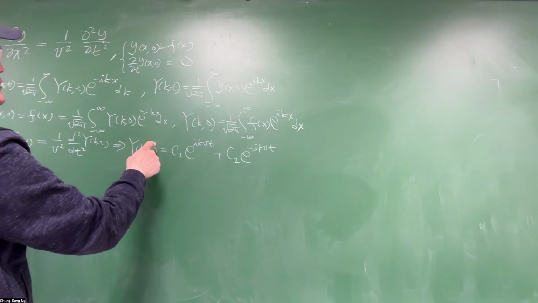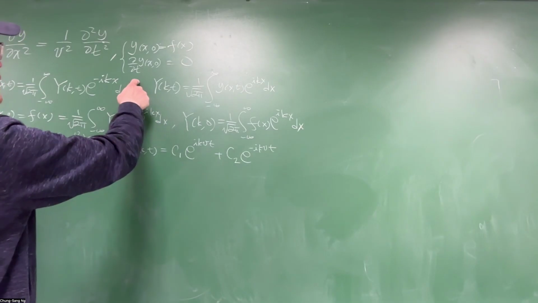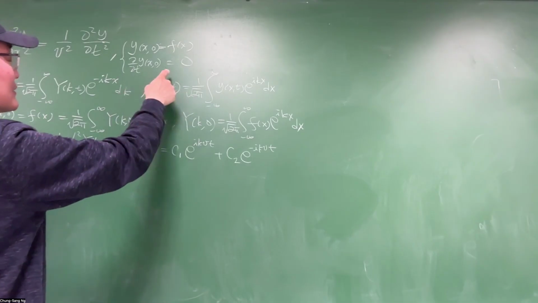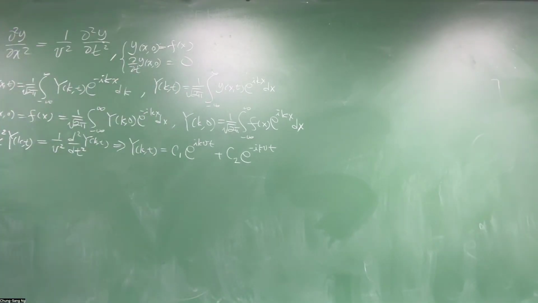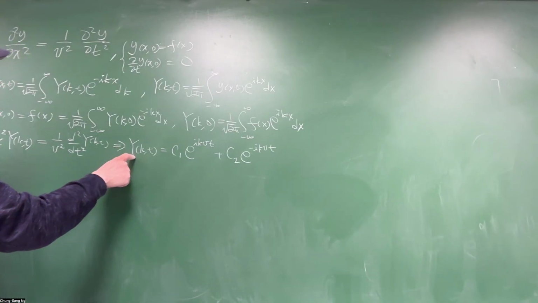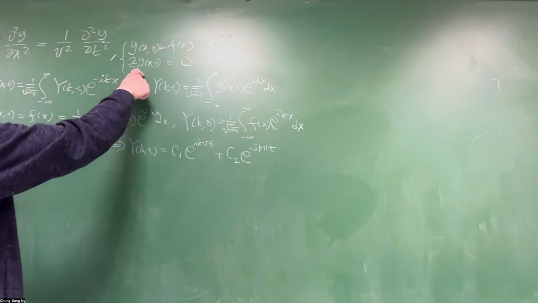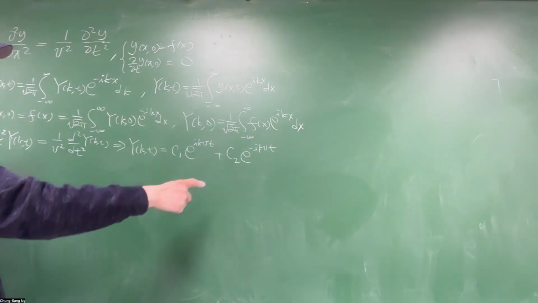The partial derivative with respect to t of y is 0. So it means that if you take the Fourier transform, that should also be 0, because the Fourier transform of 0 is 0.